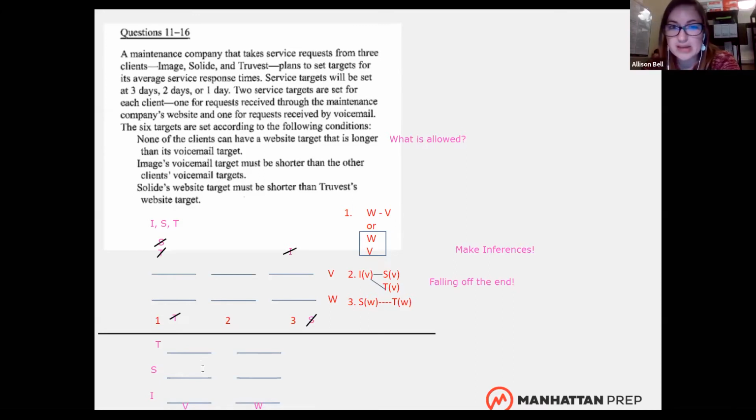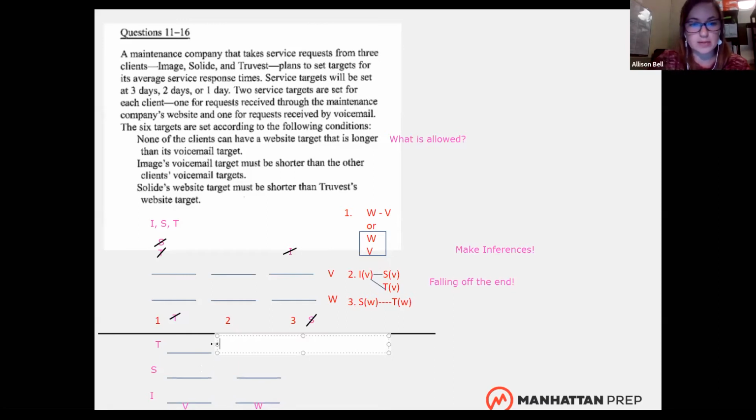So I start by just thinking about this first rule. W has to have fewer days than V, or it needs to be the same. One thing that I can do is write this between the columns, to try to make that relationship clear.